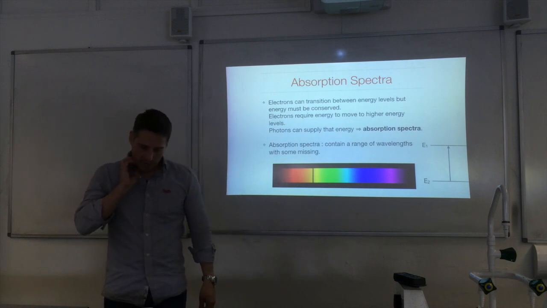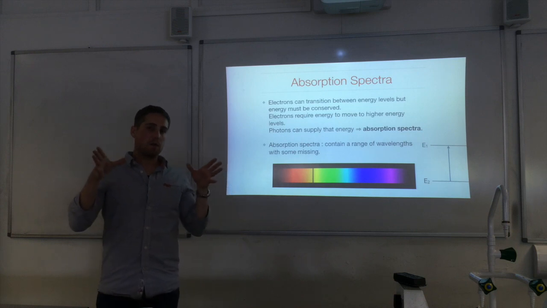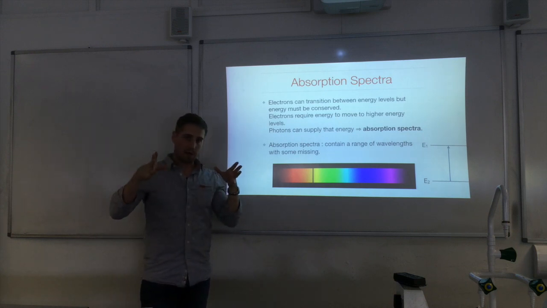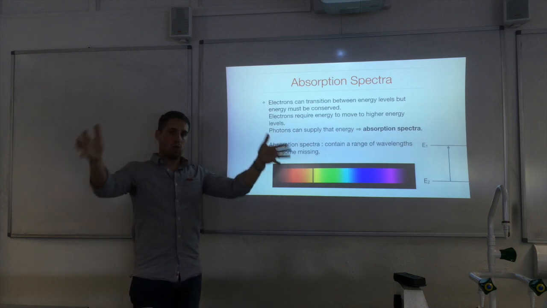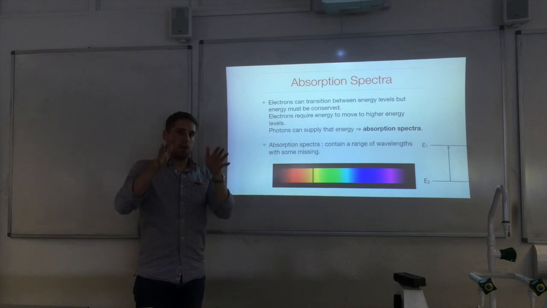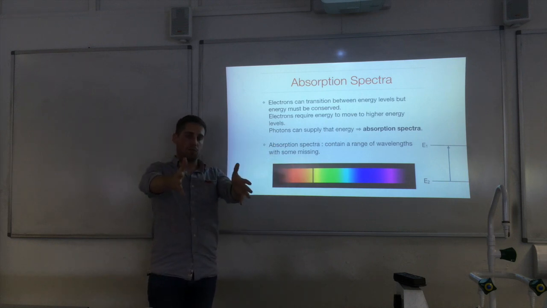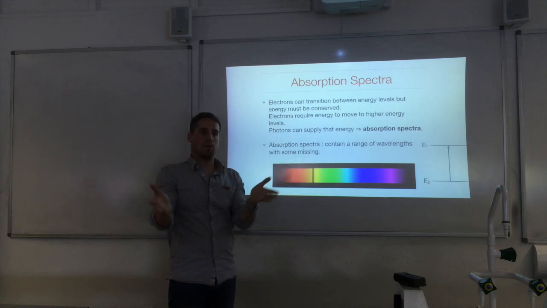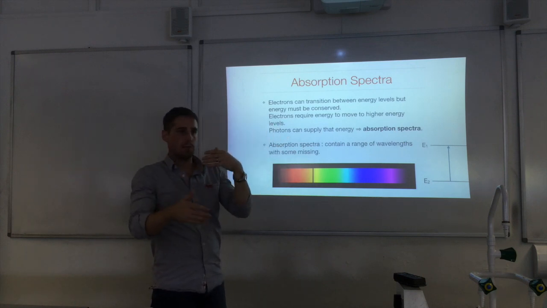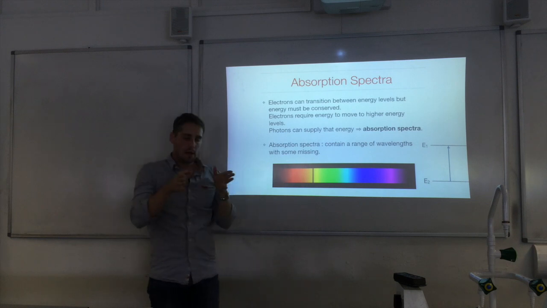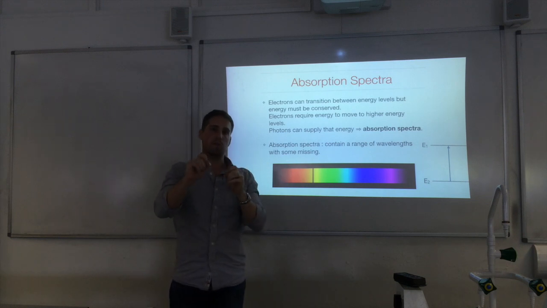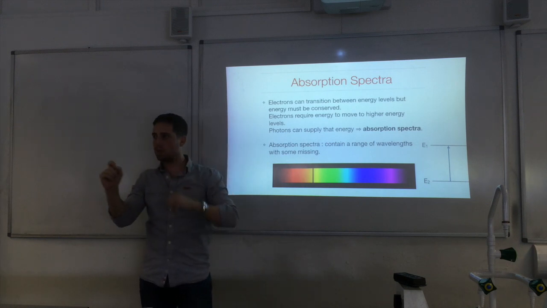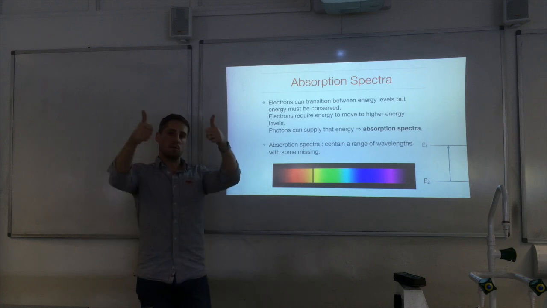So as I said, if you have white light incoming on a cloud of a particular element, as the white light moves through that cloud of gas, like maybe hydrogen or helium, some of those photons are absorbed by the electrons in the atoms, enabling them to move up energy levels.